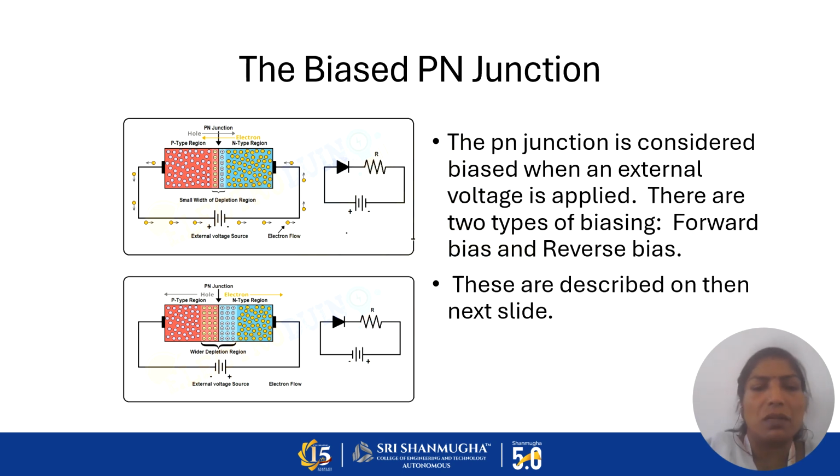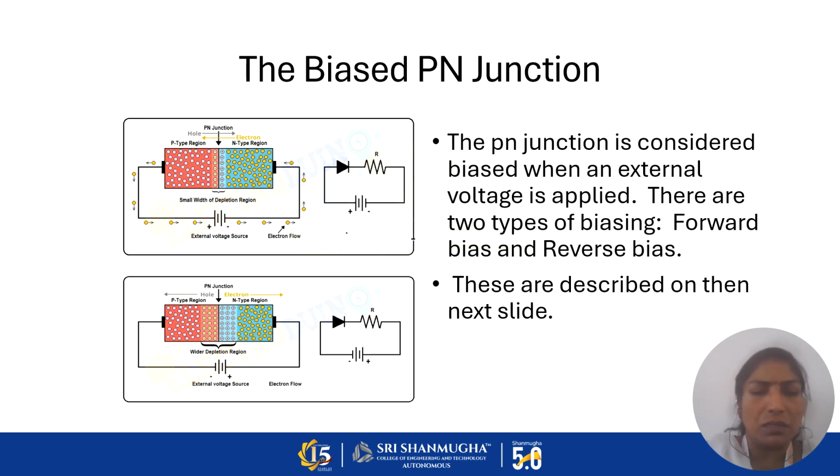Next, reverse bias. In reverse bias, the P side material is connected to the negative terminal of the battery, and the N side material is connected to the positive terminal of the battery.